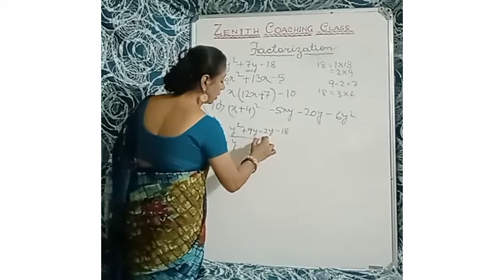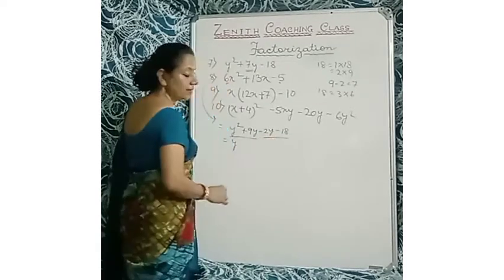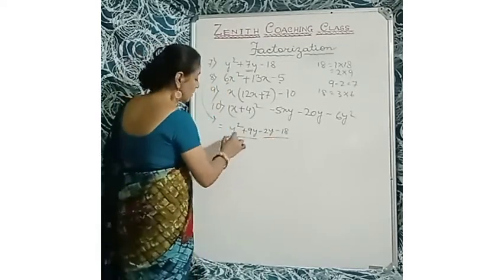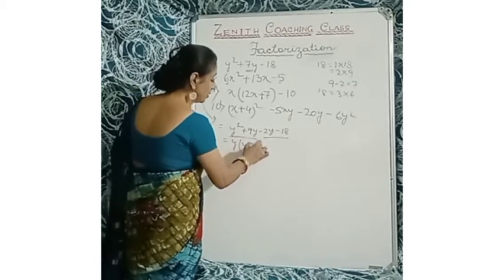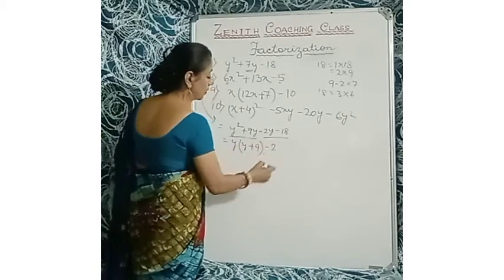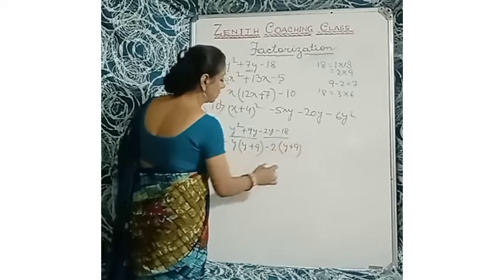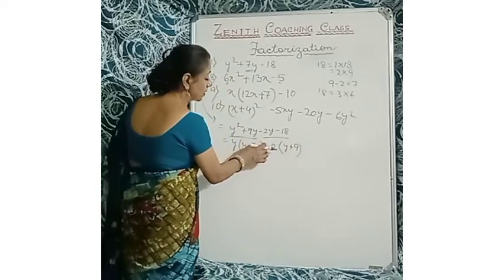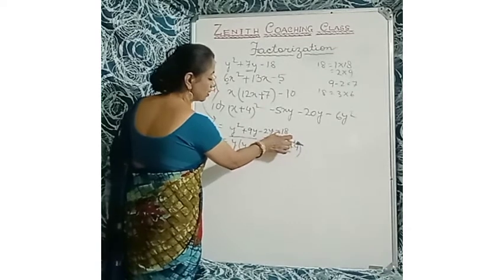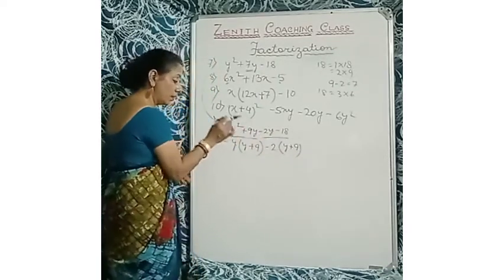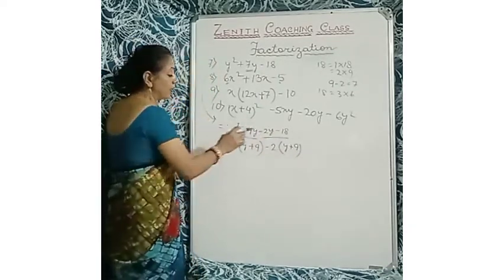Then take 2 common, and then next take 2. So y is common, so y plus 9 minus 2 is common. So that is y plus 9. Because minus is common, so plus minus, that is minus. Okay, always be very cautious about the sign.